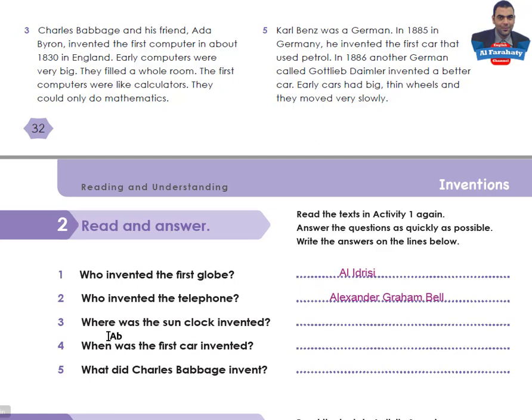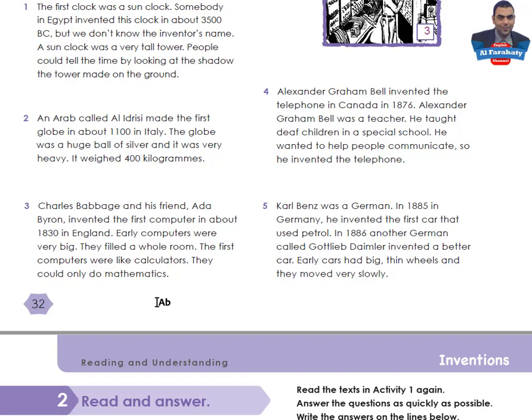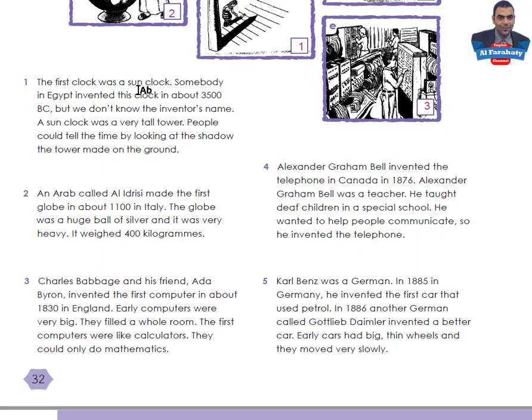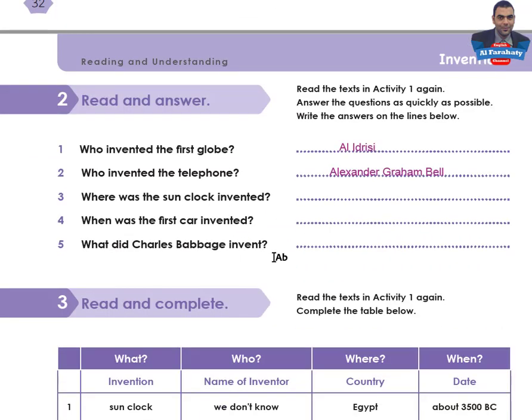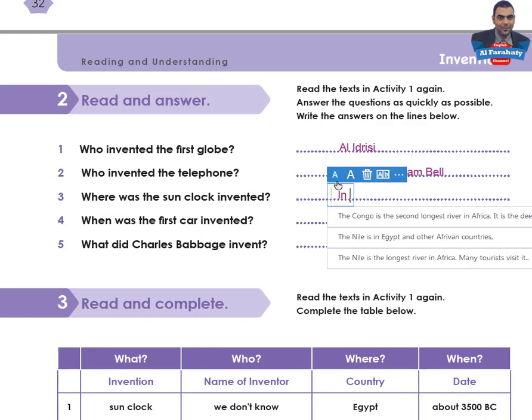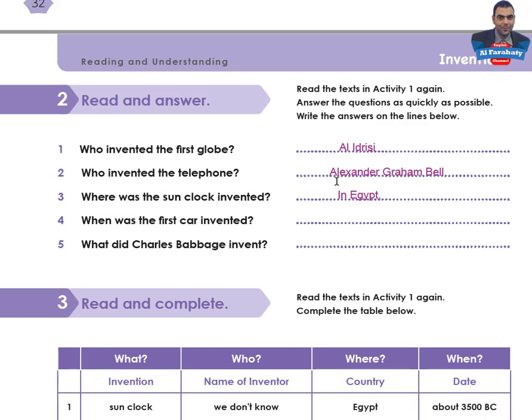Question 3. Where was the sun clock invented? Yes, the keywords here, sun clock. Sun clock in Egypt. 4. When was the first car invented?